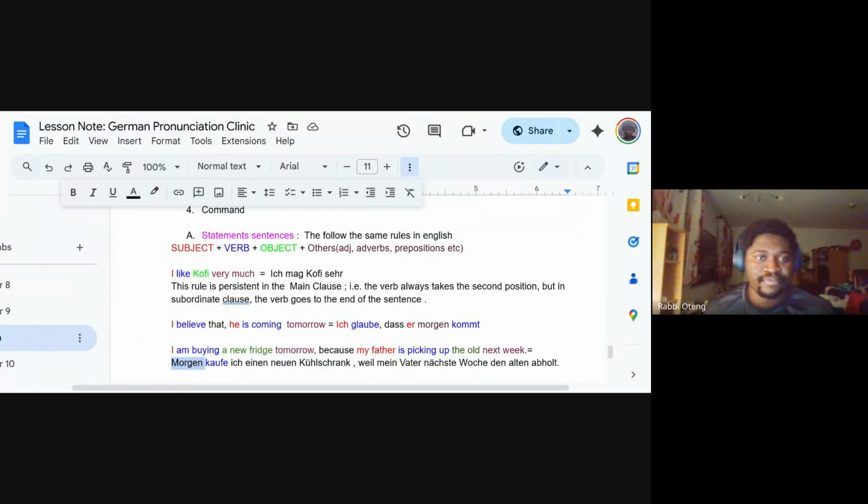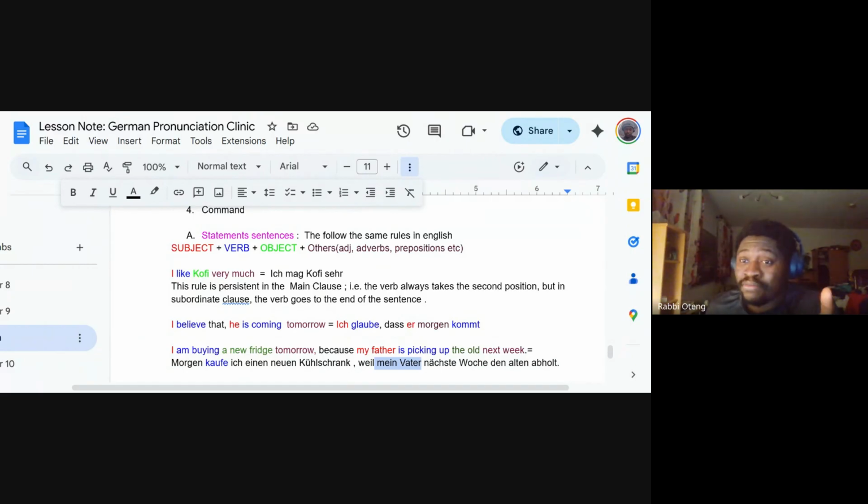But you see, in the Nebensatz, our subject is fixed. You can't say, weil nächste Woche mein Vater den Alten abholt. By speaking it's common and people do that, although it's not grammatically correct because it doesn't follow the rule.